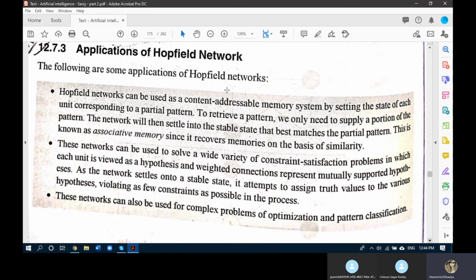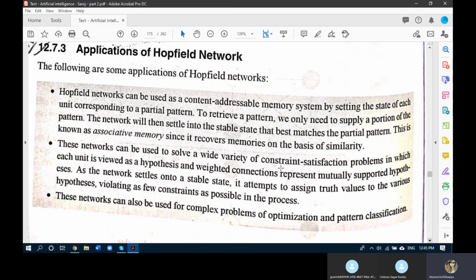Hence that type of behavior can be used to create a content addressable memory, which is known as associative memory. That is the first application in which a Hopfield network can be used as CAM, content addressable memory, or associative memory.